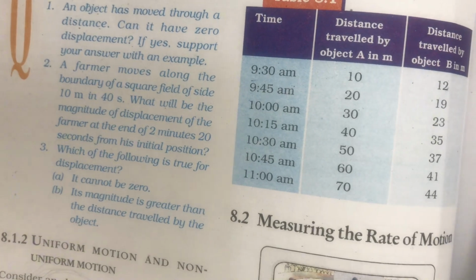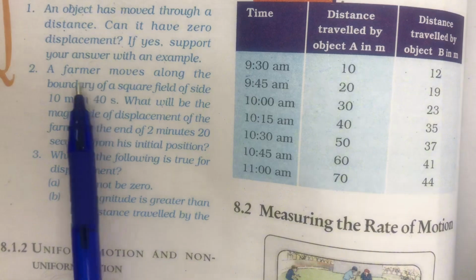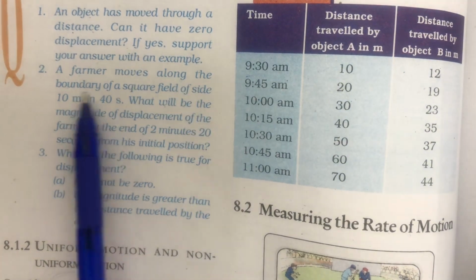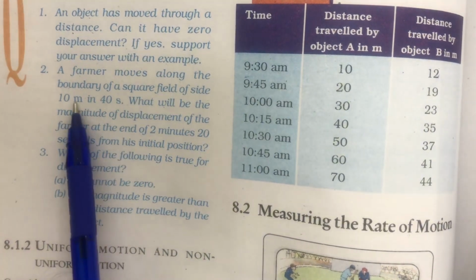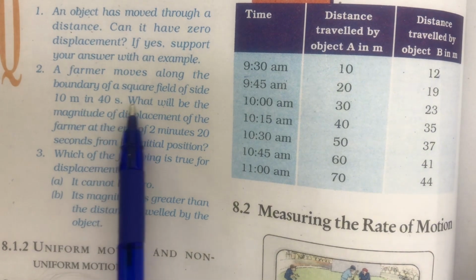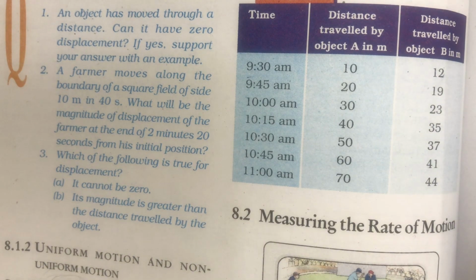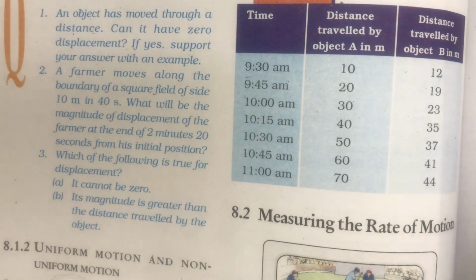Now moving on to question number 2. The question is, a farmer moves along the boundary of a square field of side 10 meter in 40 seconds. What will be the magnitude of displacement of the farmer at the end of 2 minutes 20 seconds from his initial position?